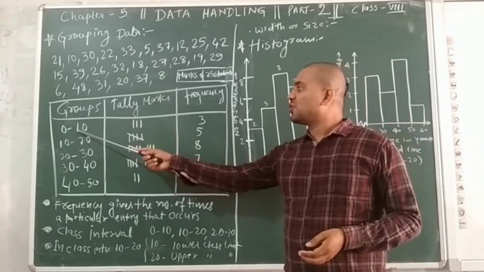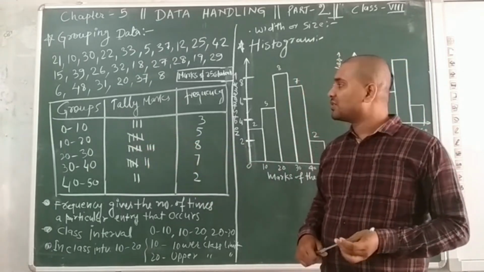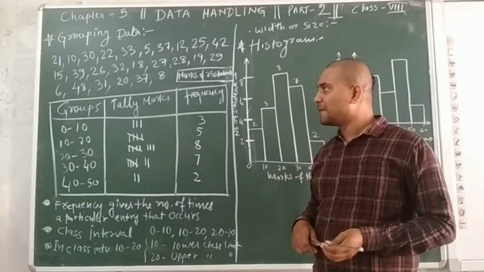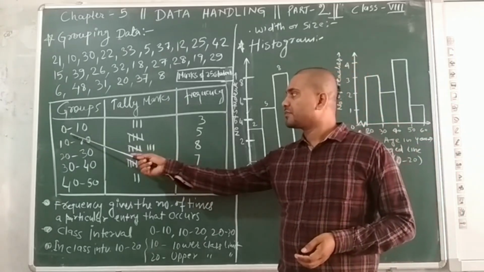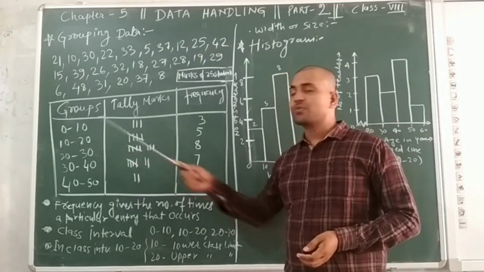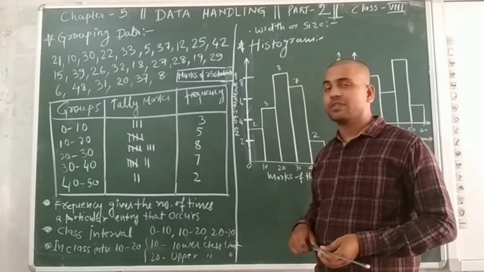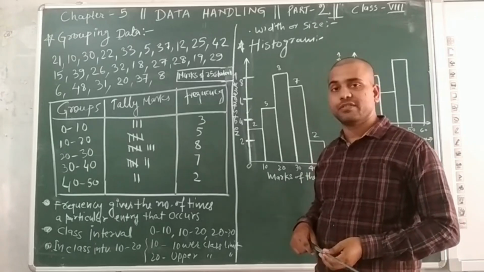So 0 to 10. Now the concept here: you can see 0 to 10, 10 to 20. In which group will you keep 10?